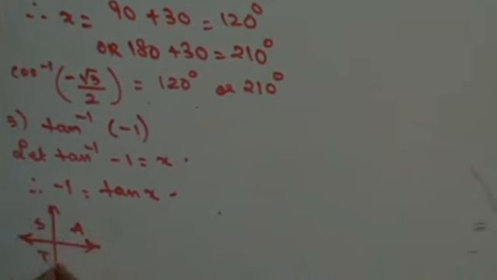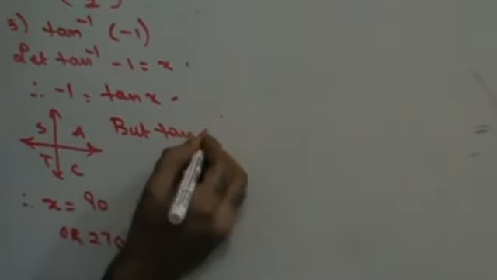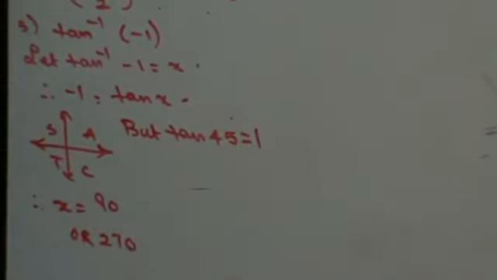All silver teacups. Now, tan ratio is negative in the second quadrant and the fourth quadrant. The second quadrant starts from 90 degrees. The fourth quadrant starts from 270 degrees. Now we know that tan 45 is 1.